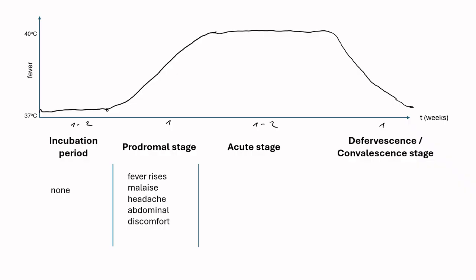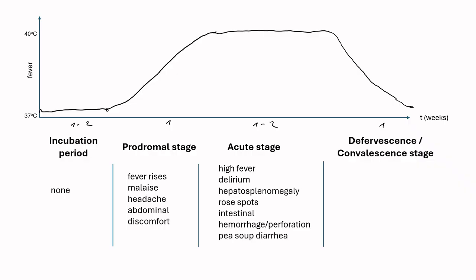Then the acute stage, where many patients, of course not all, develop much more indicative symptoms that it is typhoid fever. As I said, what we have here is this constant and often rather high fever. Then we have delirium.